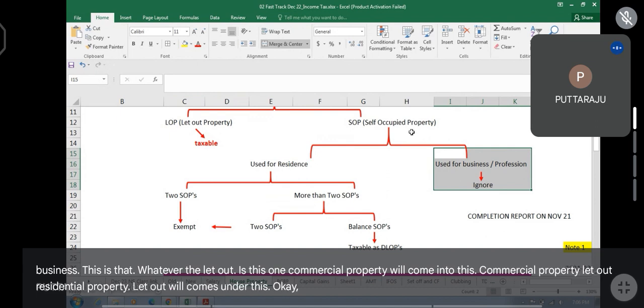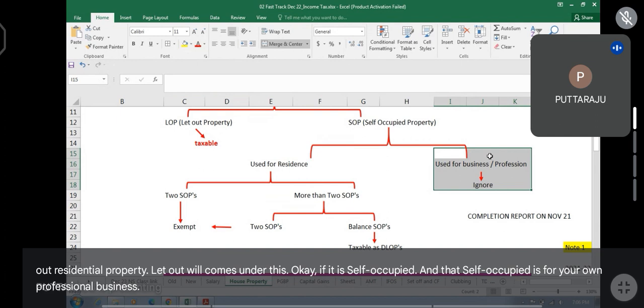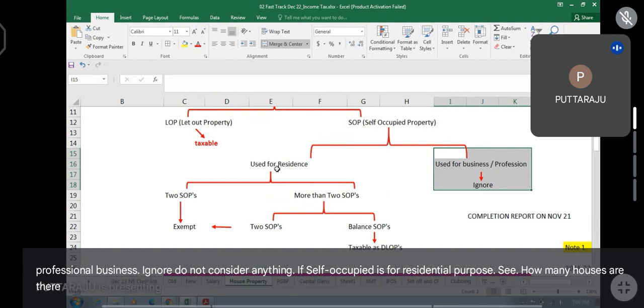Okay, if it is self-occupied and that self-occupied is for your own profession or business, ignore, do not consider anything. If self-occupied is for residential purpose, see how many houses are there with you.